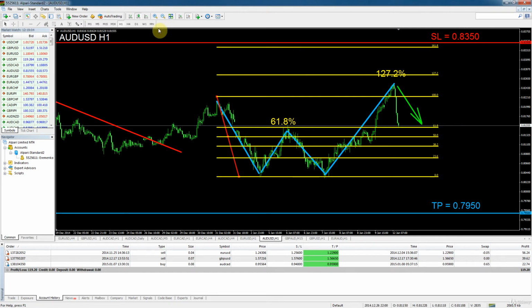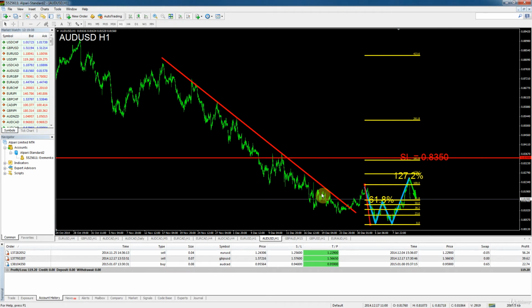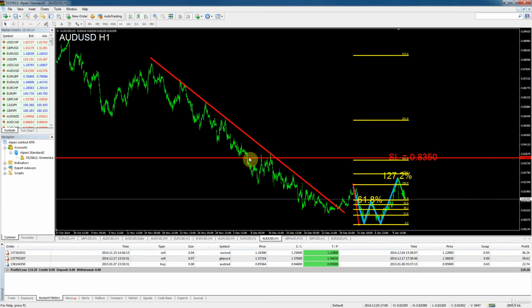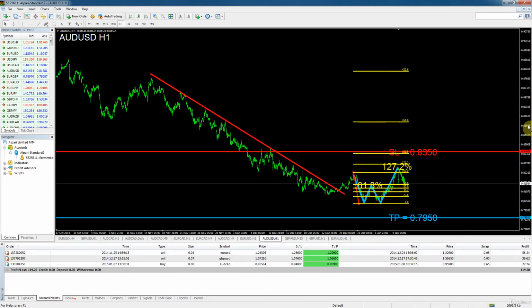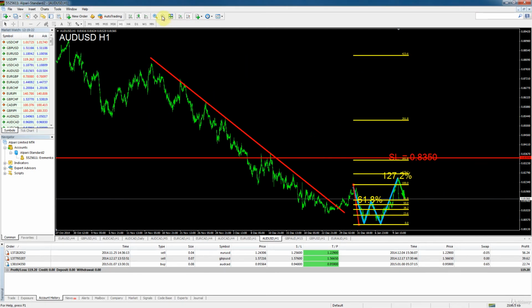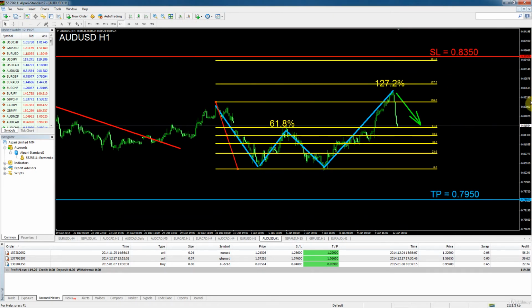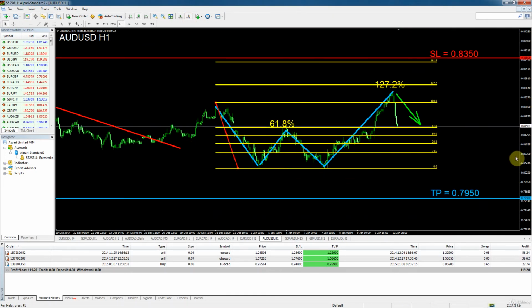Finally, if we zoom out a little bit, you will see that we were in a downward trend, and so there is more evidence or support for us to say that the trend will continue in that direction, which is good. It's always good to trade in line with the overall trend. So right now we're ready to set our order.